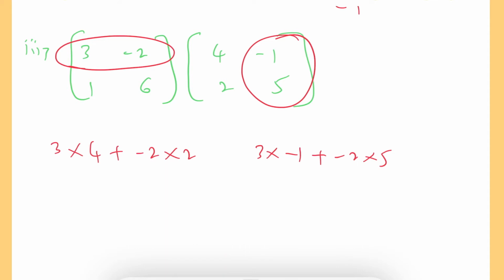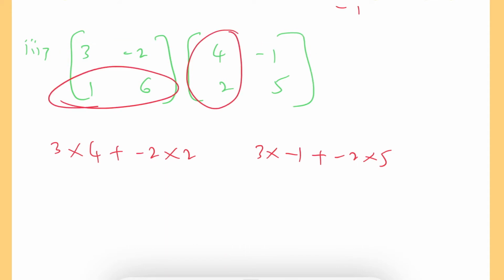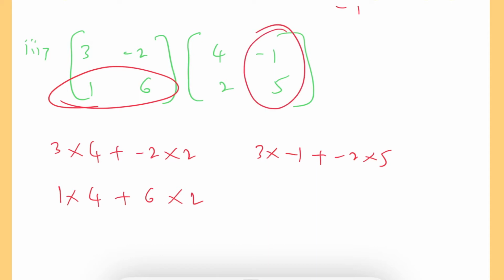Now first row completed, move to the second row. Second row multiply with the first column. 1 into 4 plus 6 into 2. Now second row multiply with the second column. 1 into minus 1 plus 6 into 5. Okay, let us simplify this.